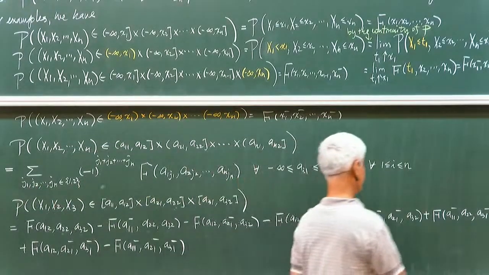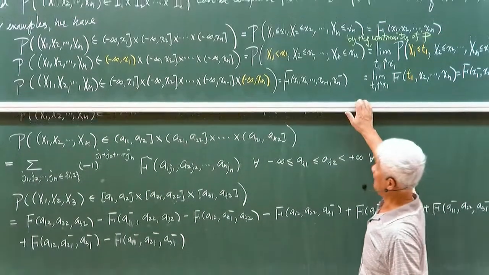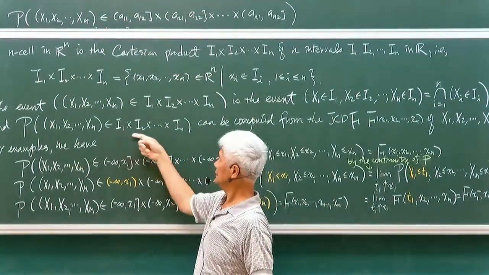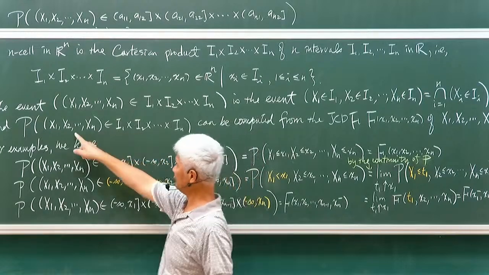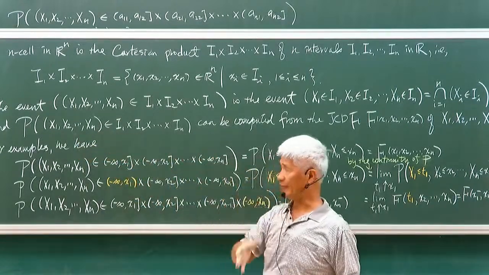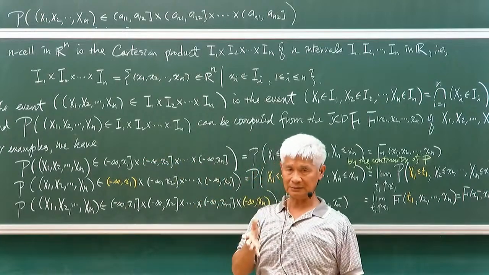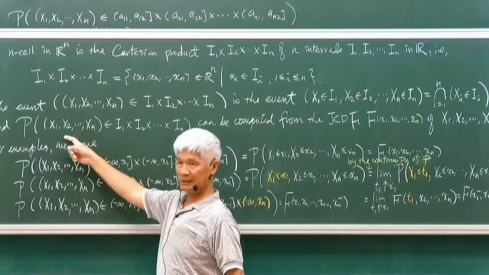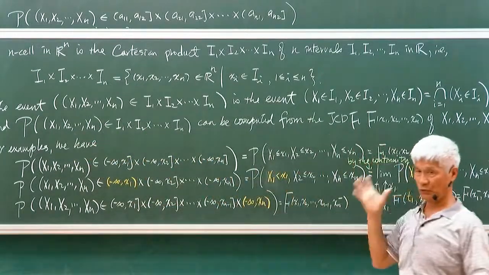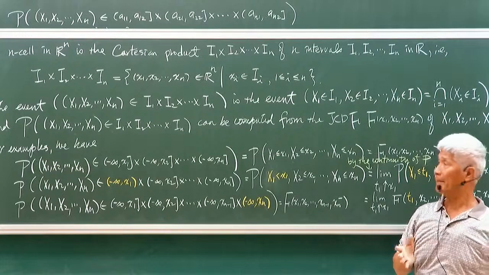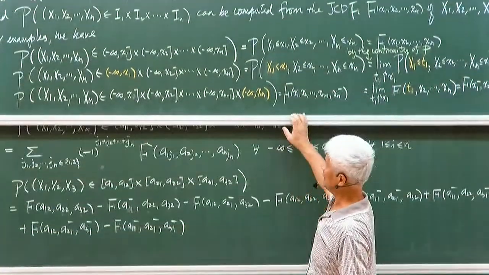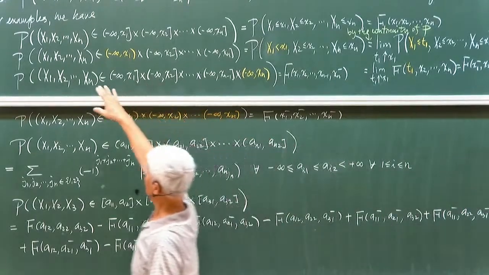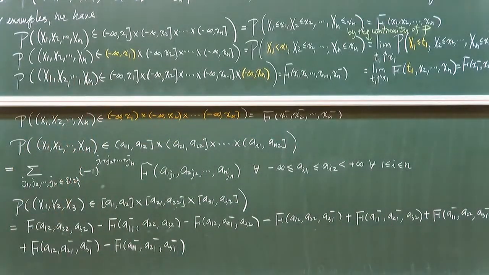So the computation of the probability of this event, such that the random vector has value in an n-cell, all right, the random vector has value in an n-cell, this probability can be computed from the joint CDF of these n random variables, but may be a little bit complicated, just as I have illustrated by these examples here.